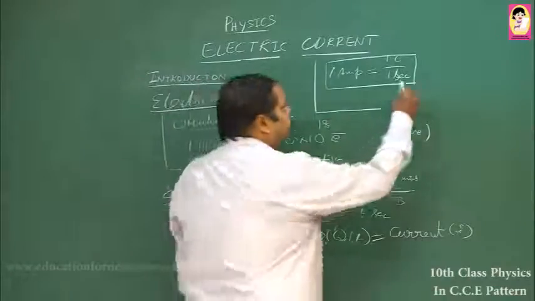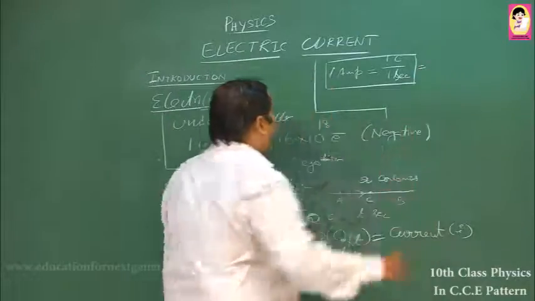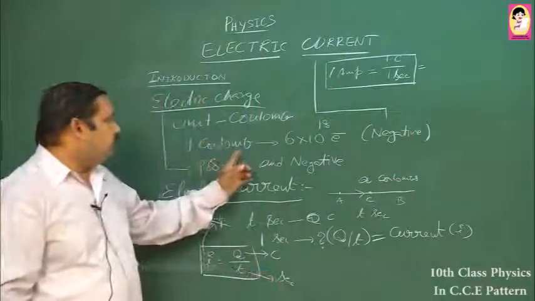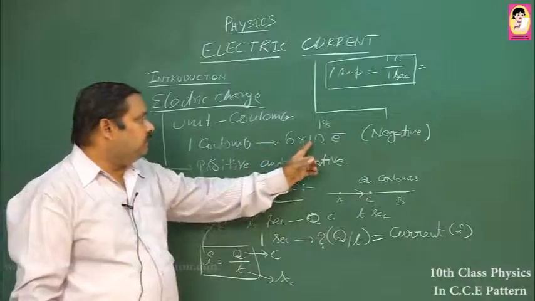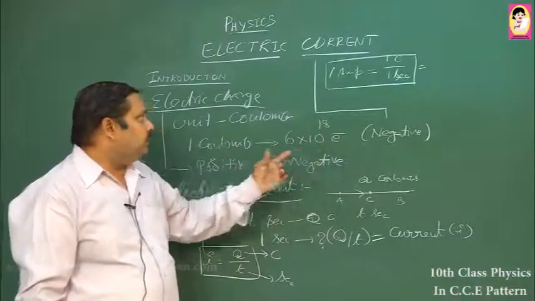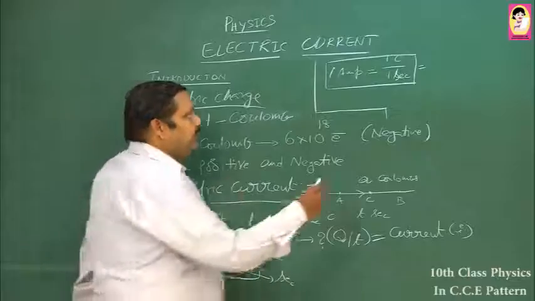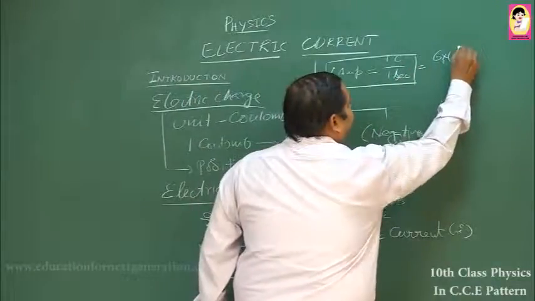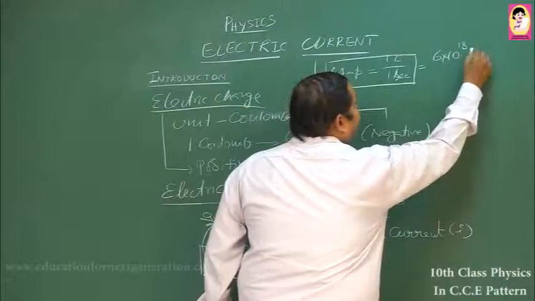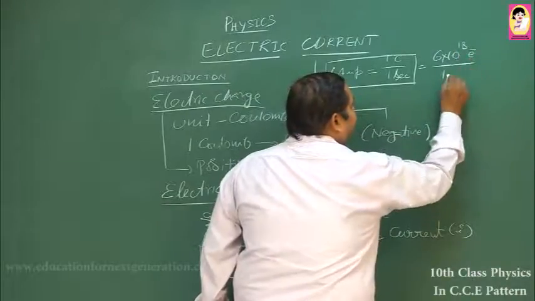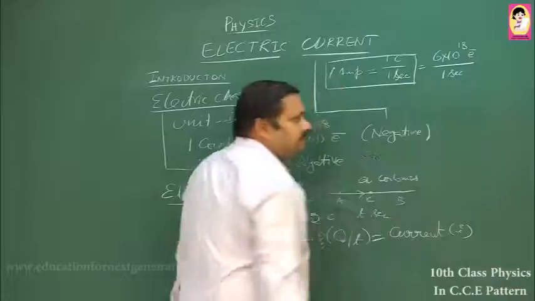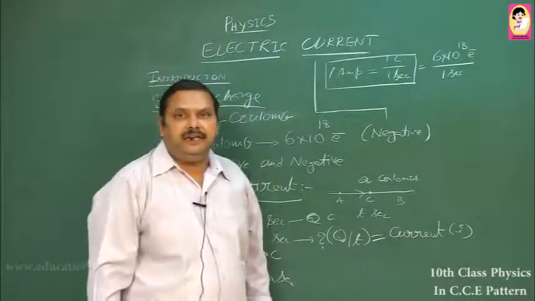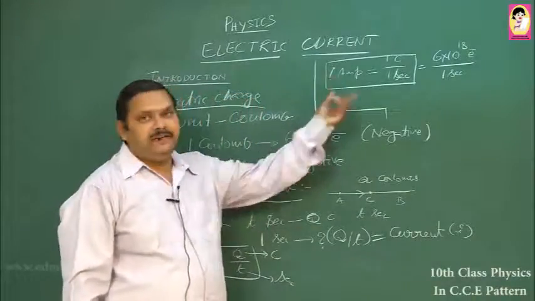Instead of taking 1 coulomb, what is the meaning of 1 coulomb? 1 coulomb is nothing but 6 into 10 to the power of 18 electrons. So, in the place of 1 coulomb, we can take 6 into 10 power 18 electrons in 1 second, and it is the alternate definition for 1 ampere of current.